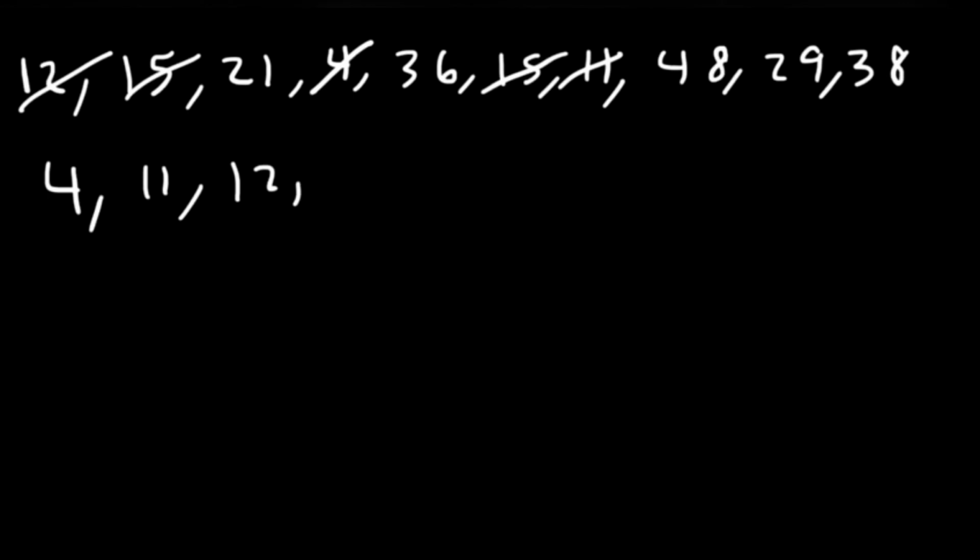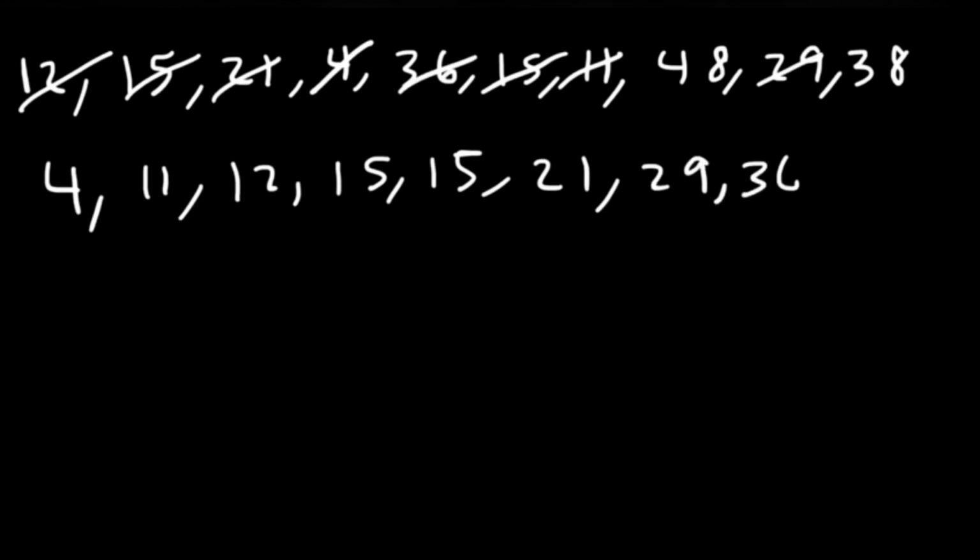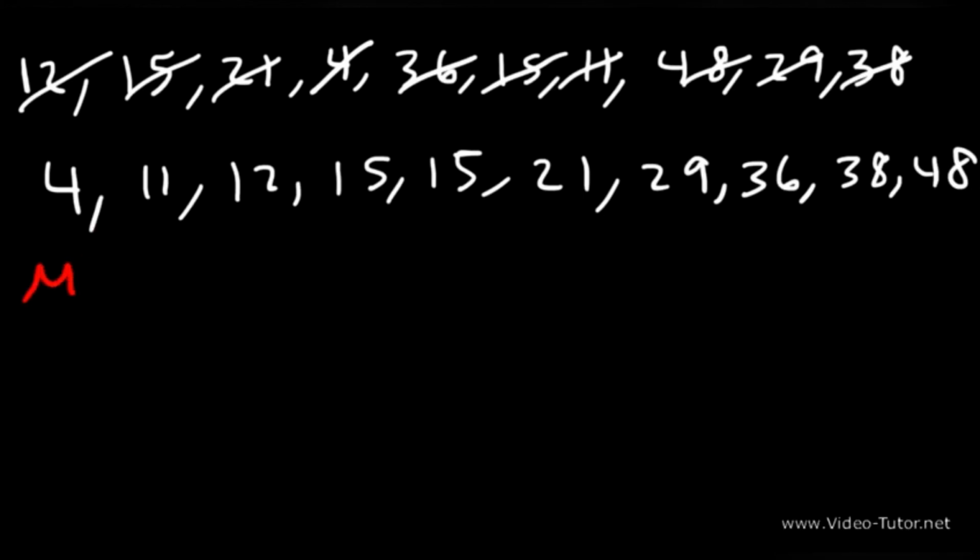There's 2 15s. Next we have 21, 29, 36, and then 38 and 48. Now let's calculate the mode. 15 is the number that appears most frequently. So the mode is going to be 15.